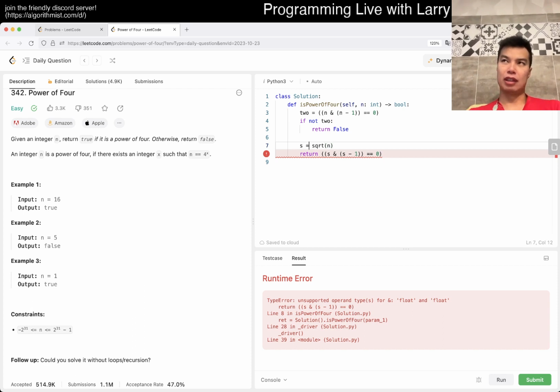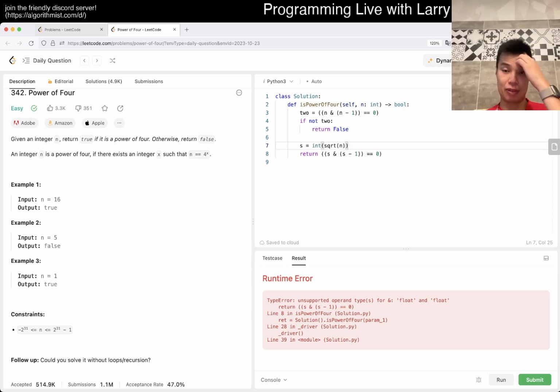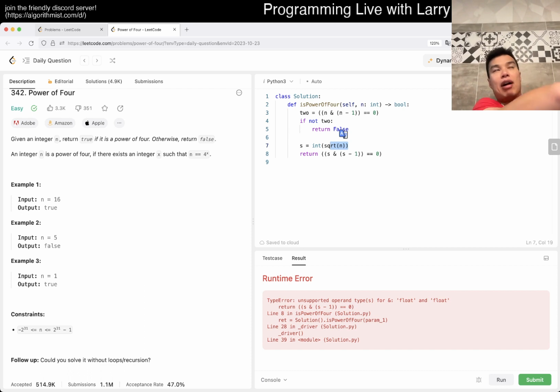I guess we end it, but I think this is fine. I'm always worried about floating point stuff, but in this case, if it is a power of 2, then there are only 2 scenarios: it's either a power of 2 or a power of 4. If it's a power of 4, then the square root would be an int perfectly, and if not, then it wouldn't be.